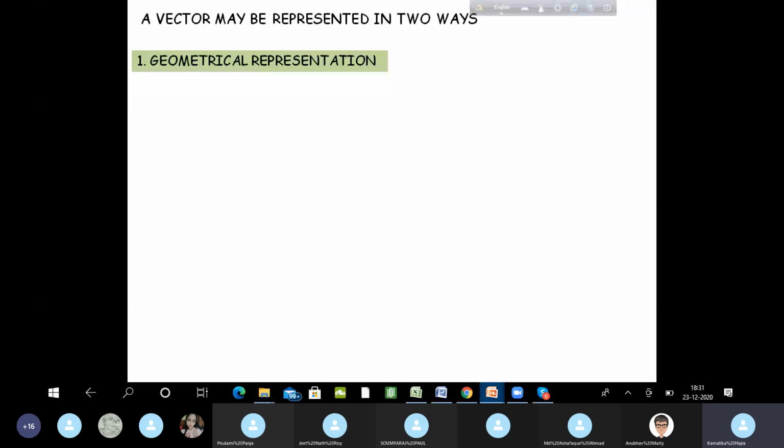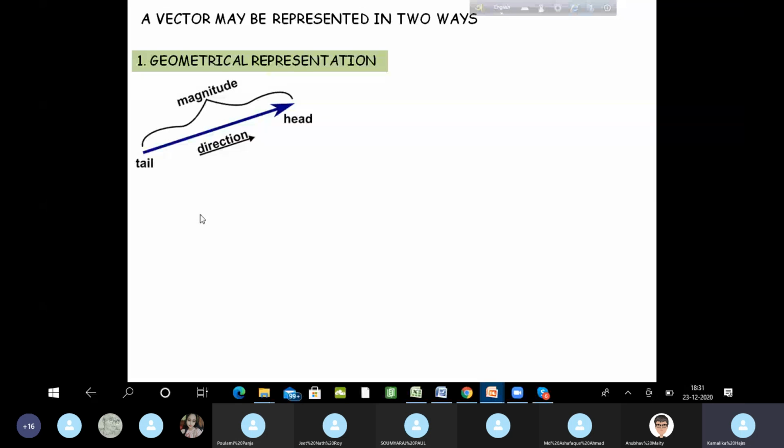Okay, so this again all of you know. This is what I'm talking about: a line segment with an arrowhead. The tail is the starting point, the head is the ending point. The length of this line segment is called the magnitude of the vector, and the arrow gives you the direction of the vector.